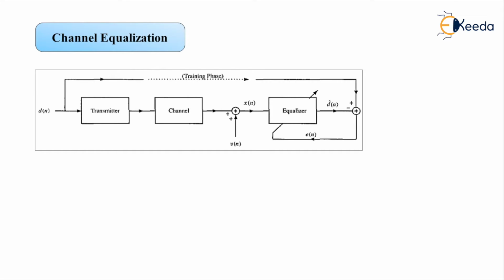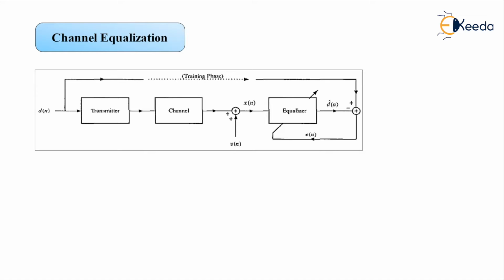So x of n is the signal, that is d of n added to the noise signal v of n while having a journey through the communication channel. And as the equalizer is built with adaptive filtering, the error signal e of n is continuously updating the values of the equalizer to produce the best estimate of the desired signal denoted by d cap of n.